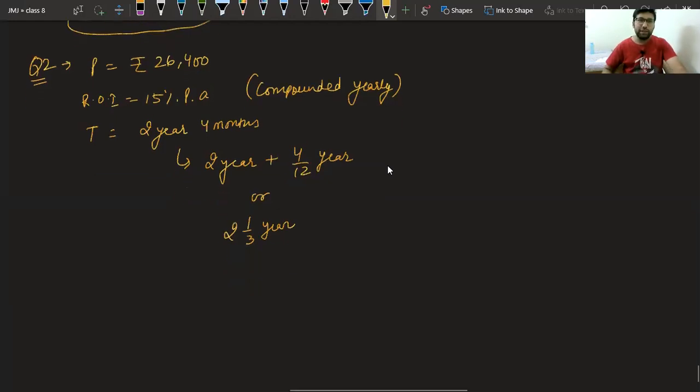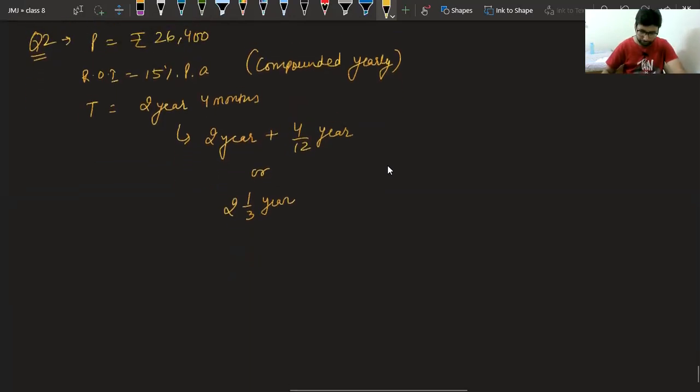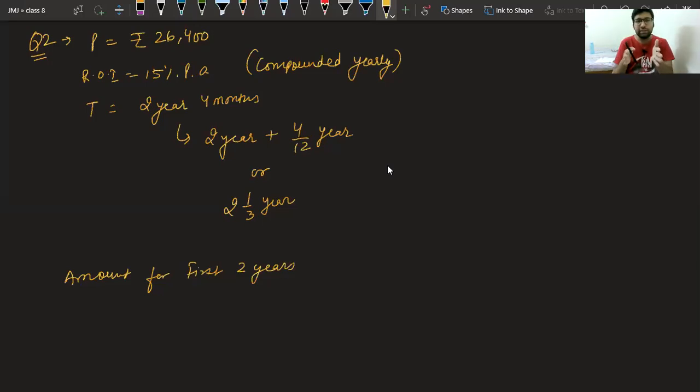Now it's very easy. First we will find the amount for the first 2 years, because in the case of a fractional power we cannot find it using the formula completely. So we find first for the first 2 years, then for the remaining 1/3 year.